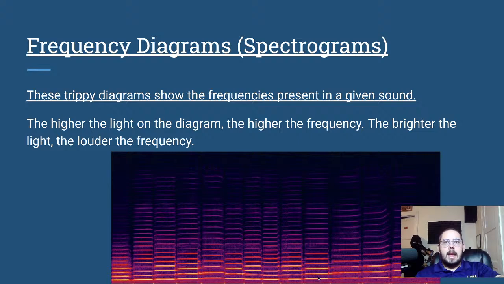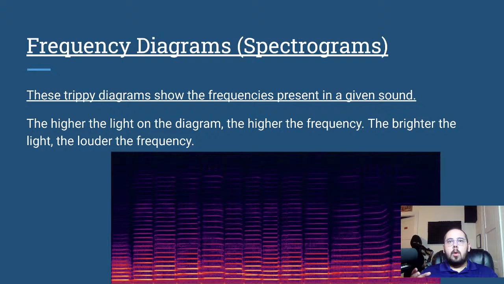Every one of the lines here is essentially a whole integer multiple of that same frequency. If you played a sound at 100 hertz, the next harmonic would be 200 hertz, 300, 400, 500, and so on and so forth. That one's really easy to calculate, and it naturally occurs in sounds.